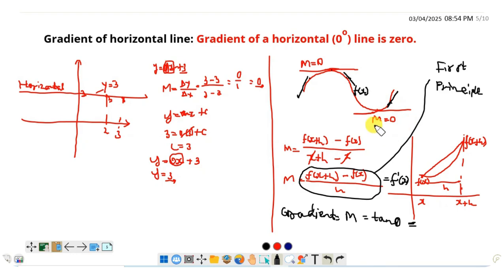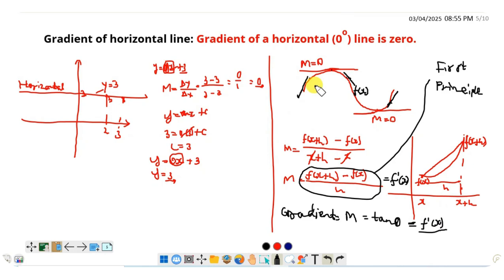So wherever you want to find the gradient of the tangent line, you need to derive the graph, meaning you take the first derivative. When you derive once, you find the equation that helps you find the gradient of the tangent line.